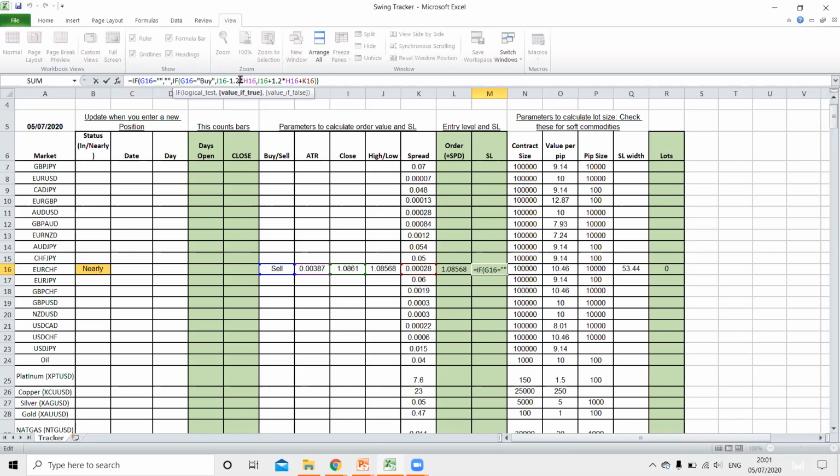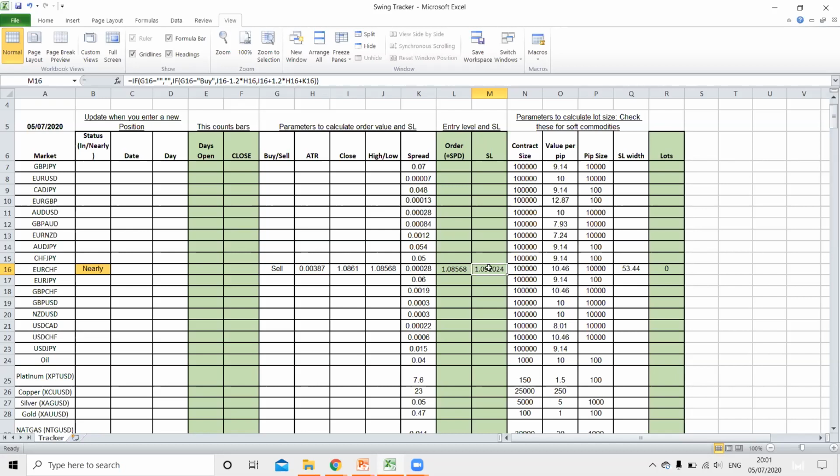Anything between 1 and 2 seems to work fairly well. We've gone for 1.2. So what this does is multiplies ATR times 1.2, and then adds or subtracts that from the close price if it's a buy or sell. So that gives us a stop loss at 1.091.